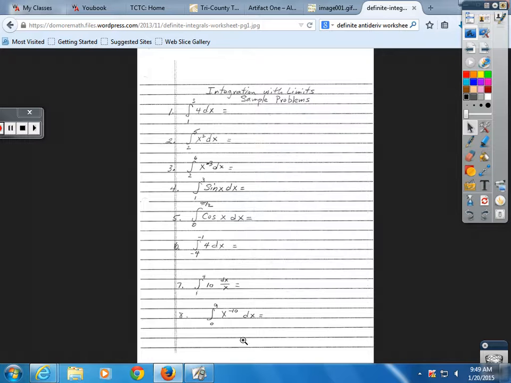All right. Try number 8. And then we'll look at a couple of, I'm sorry, antiderivative from 0 to 9 of x to the negative 10 dx.